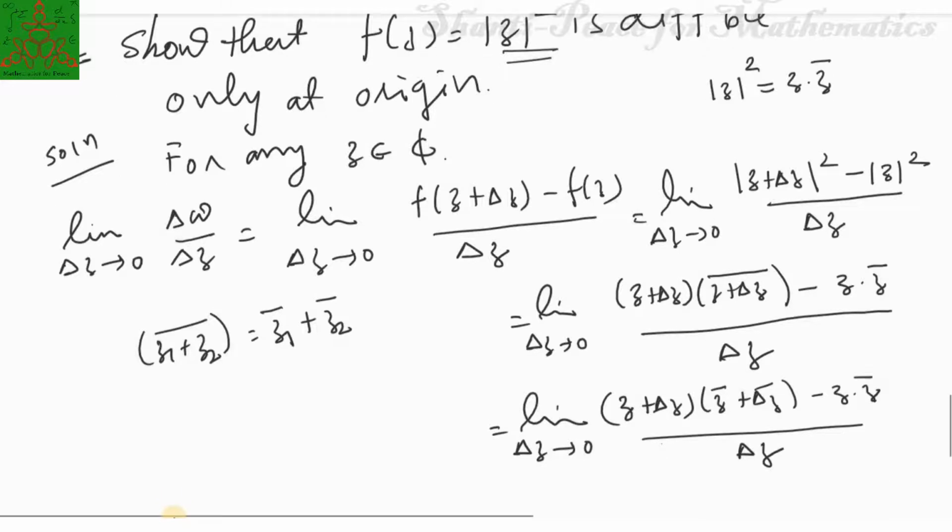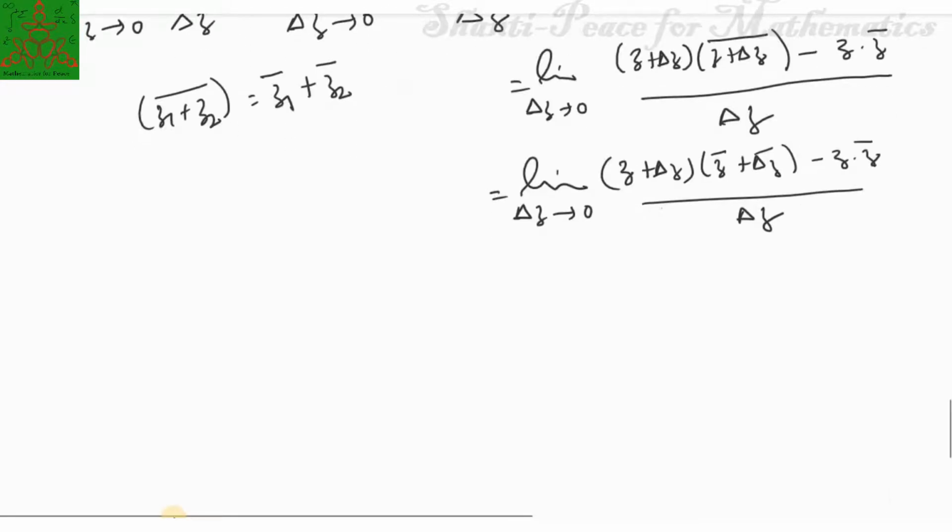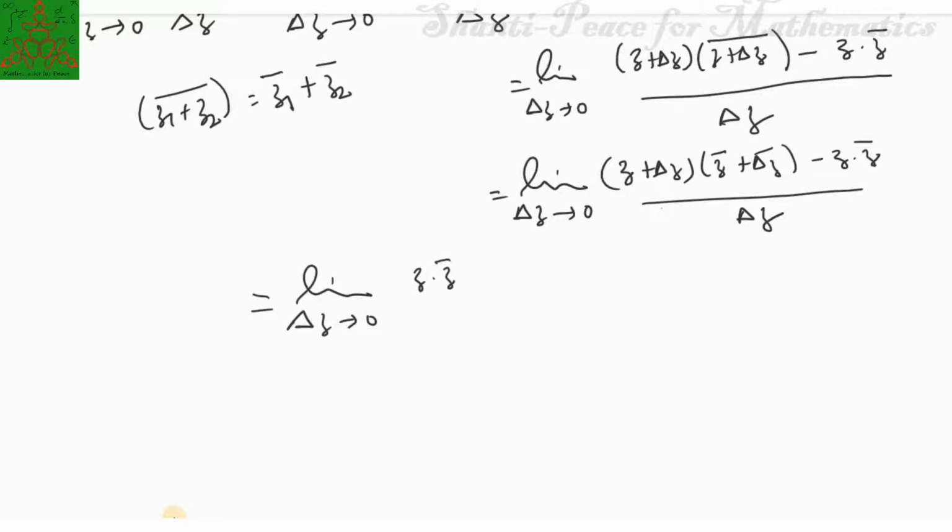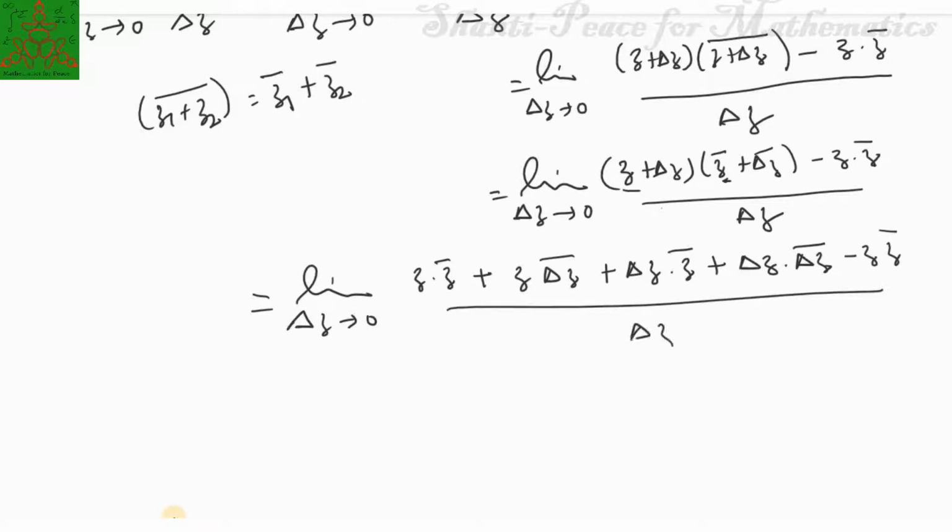This can be multiplied out and rewritten as the limit as delta z tends to 0 of z into z bar plus z into delta z bar plus delta z into z bar plus delta z into delta z bar minus z into z bar upon delta z, and you just notice that z into z bar will be cancelled out.